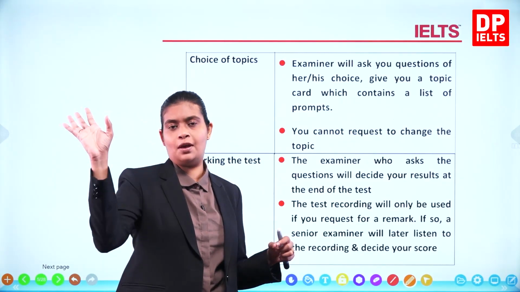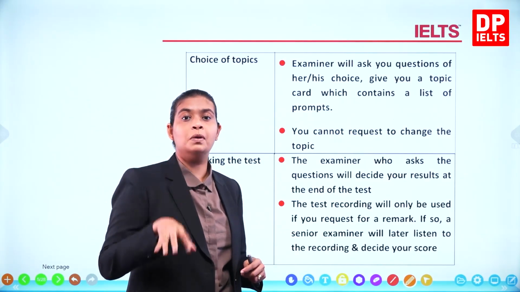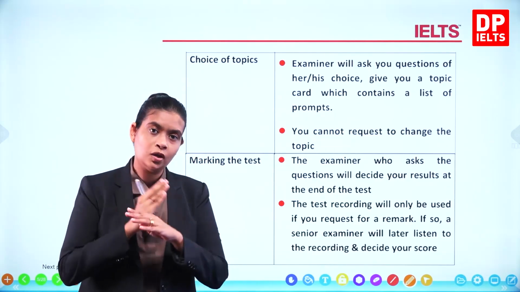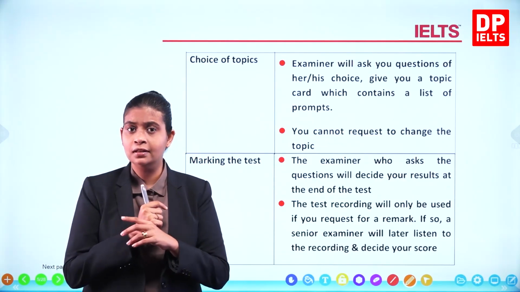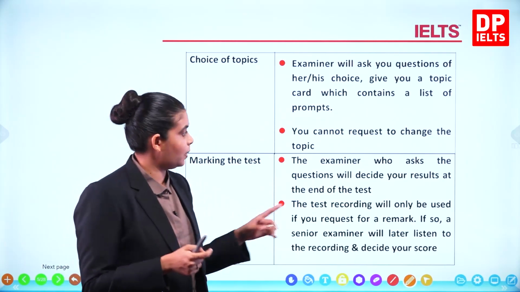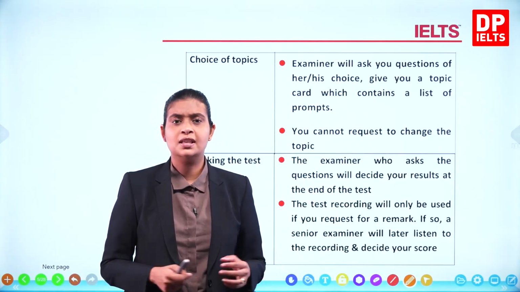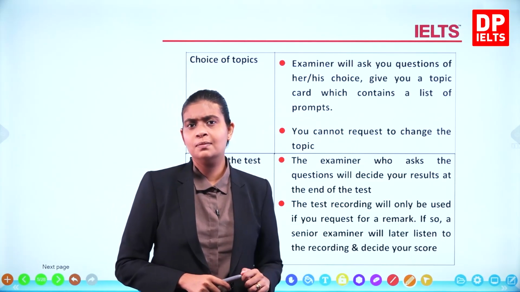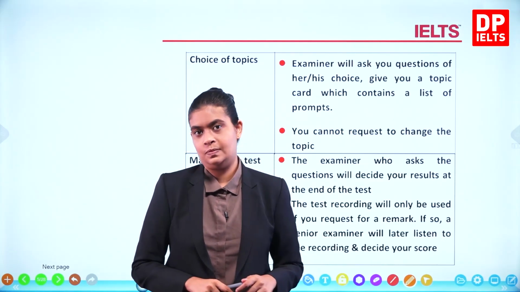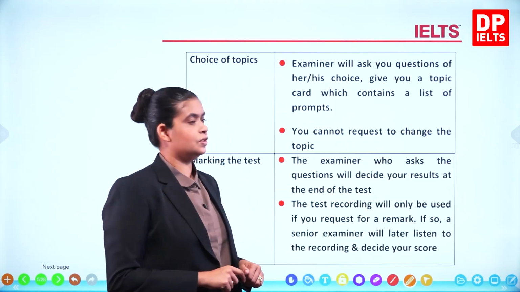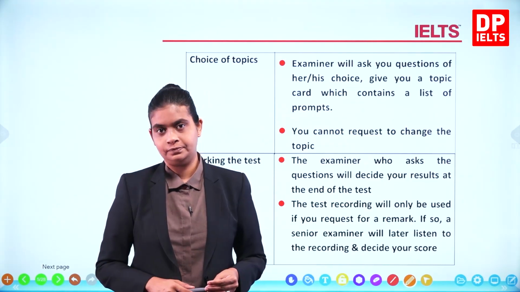So say test number 7, it has part 1, part 2, part 3. You cannot, I'll repeat it again, you cannot request to change the topic or what you have to talk about. You can't say, I'm sorry, I don't know, could you give me another topic? Not possible. Whatever they ask you, you have to answer.